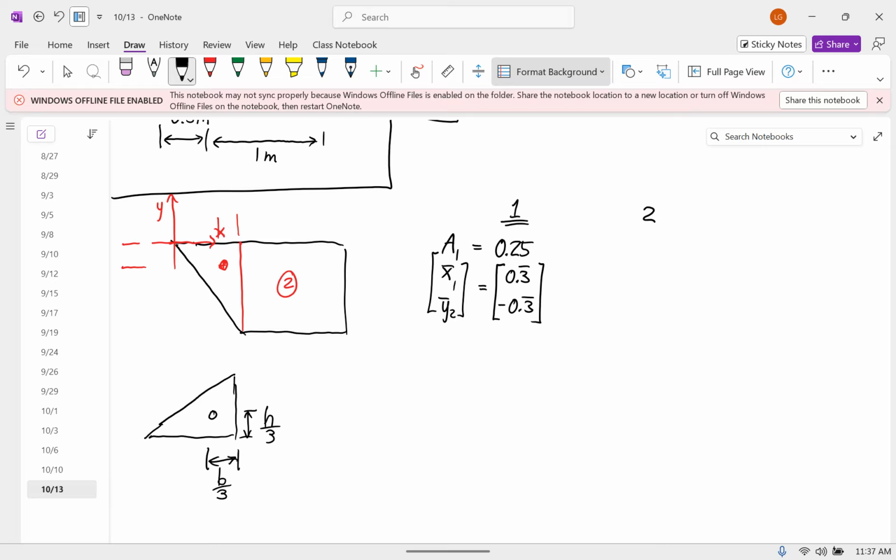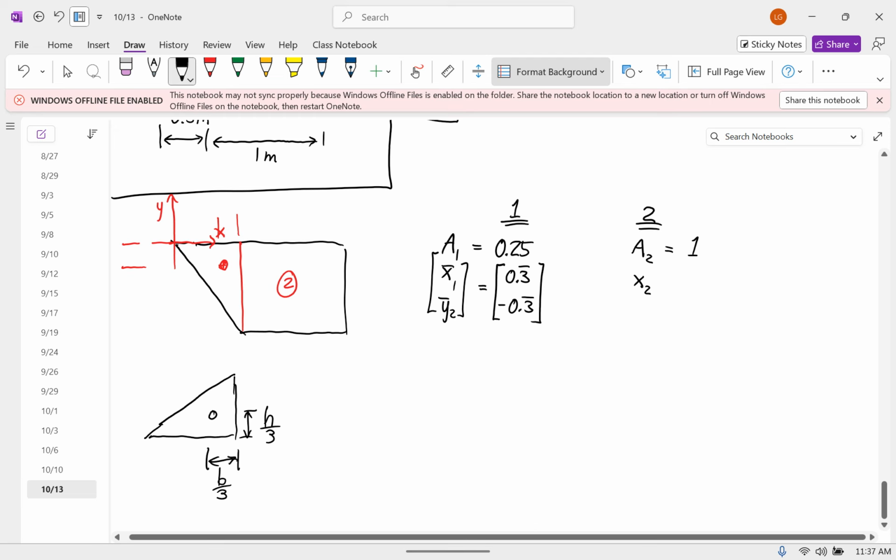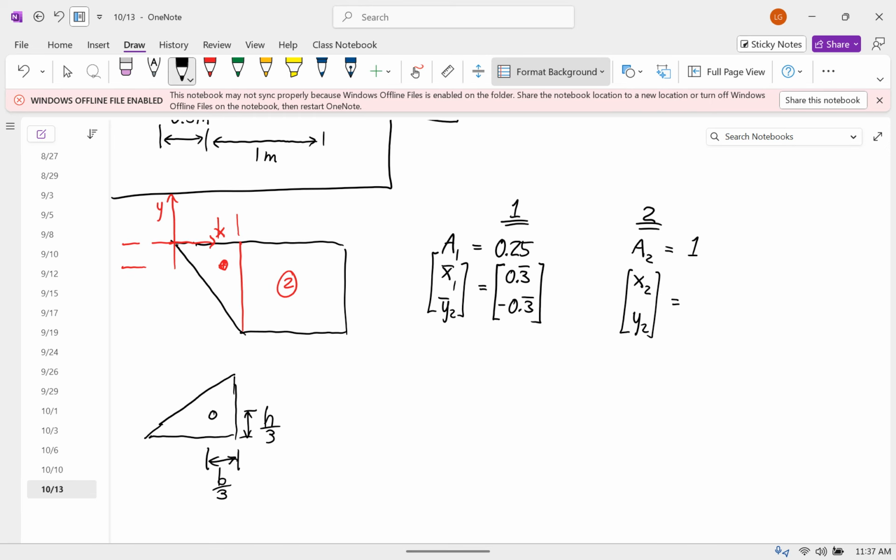And then the rectangle, the area is 1 times 1. The centroid is horizontally, before we get to the left edge of shape 2, we have to go 0.5 in the positive x direction.